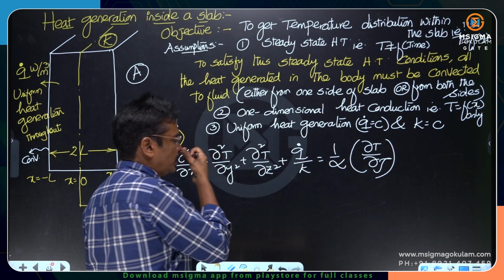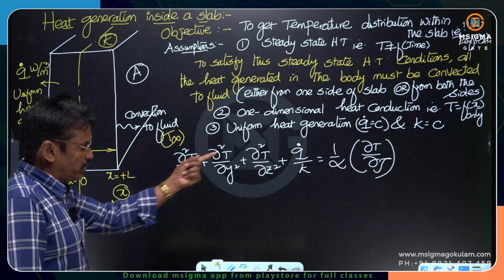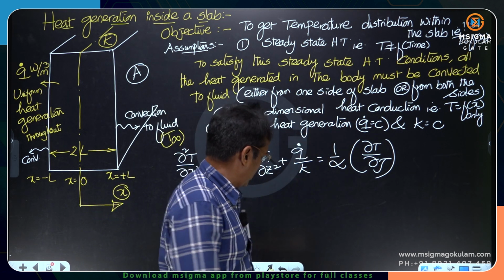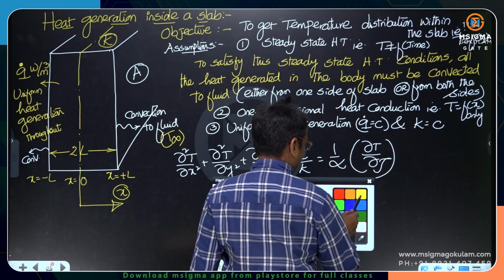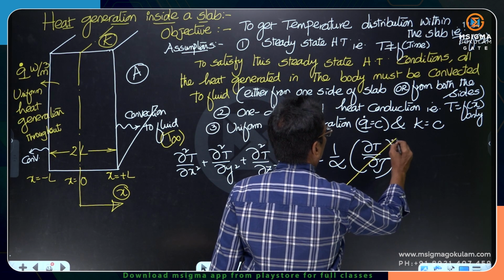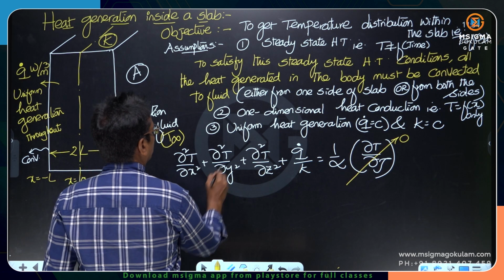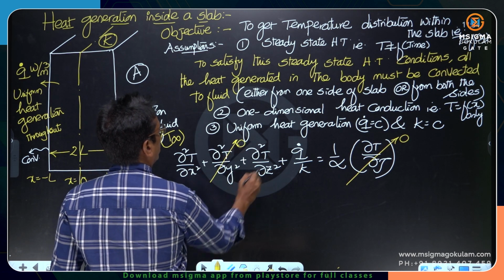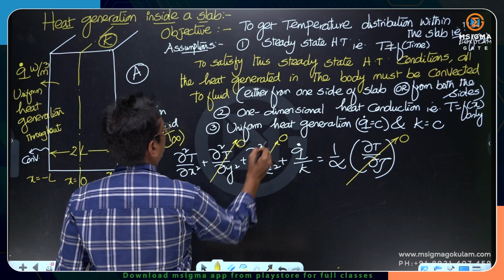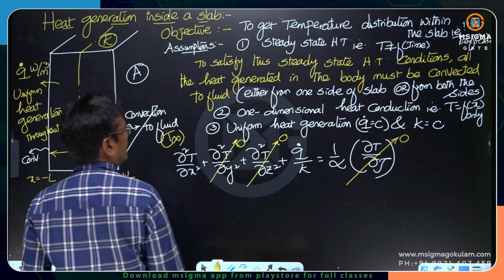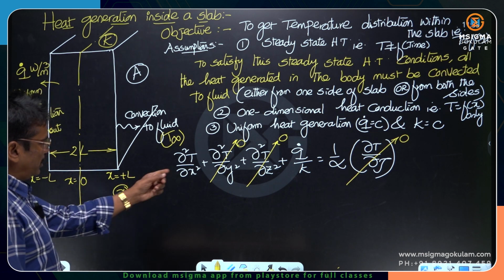Many terms in this equation will become 0. Why? Temperature is not a function of time, so del T by del tau becomes 0. And it is one-dimensional conduction. Temperature is not a function of y, not a function of z, so they become 0.